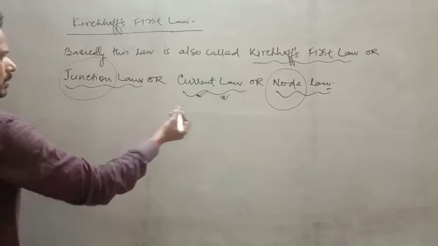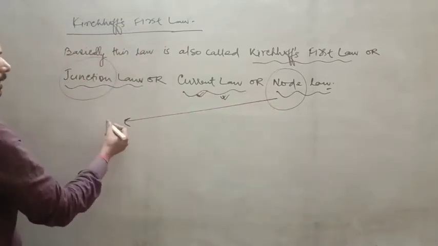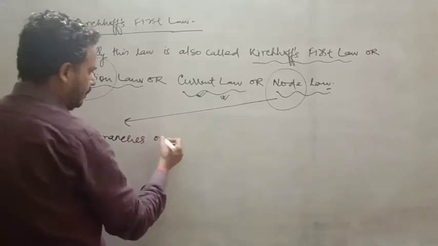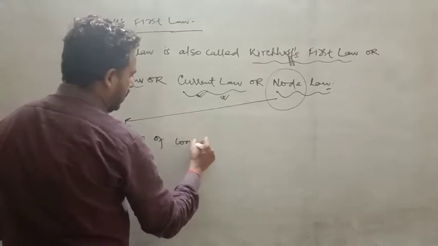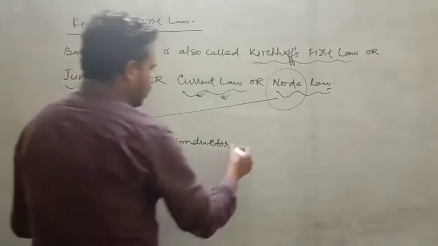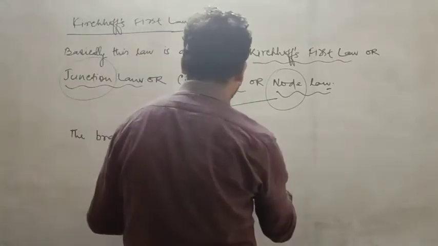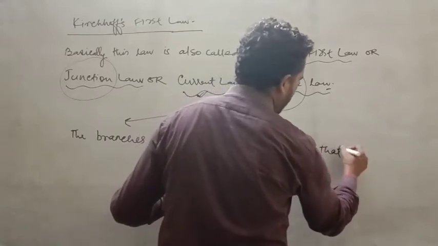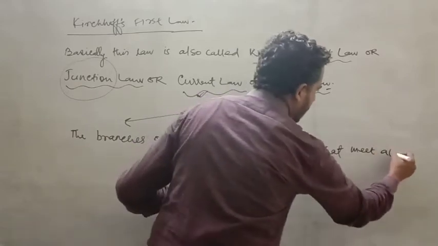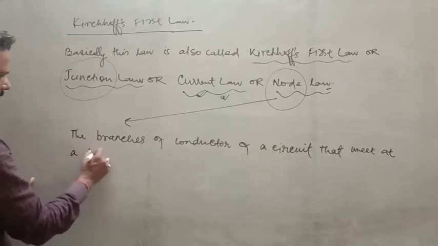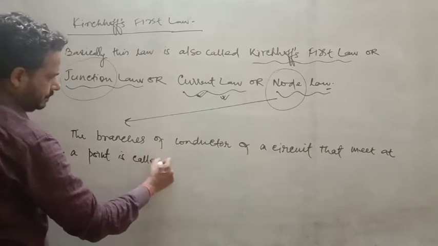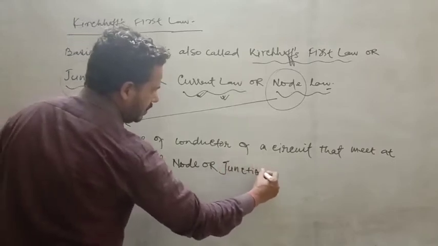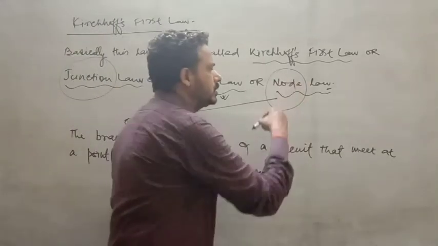So what does node mean? Simply, the branches of conductors of a circuit that meet at a point is called a node or junction.